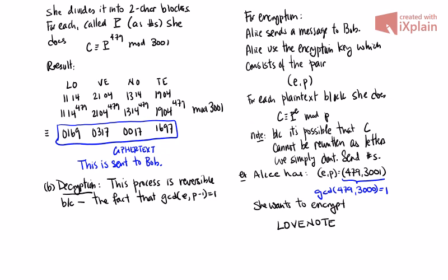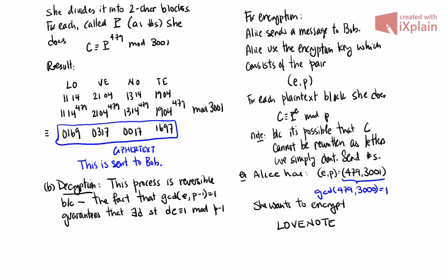This guarantees that E has a multiplicative inverse mod P minus 1. In other words, it guarantees that there exists a D such that DE is congruent to 1 mod P minus 1. Now this can be found using the Euclidean algorithm. We'll do an example in a little bit.